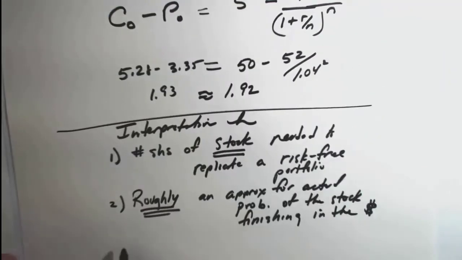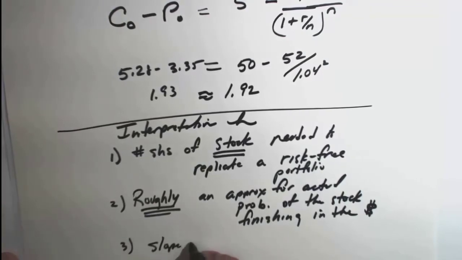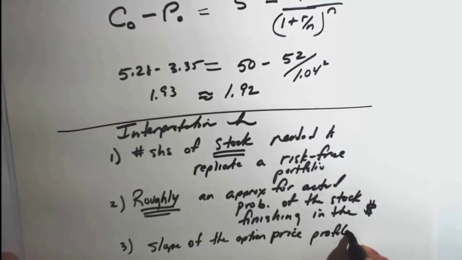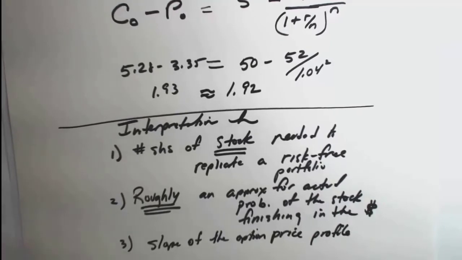The third way to interpret H is that it's the slope of the option price profile. Now, I occasionally use that word profile. This is what I mean.